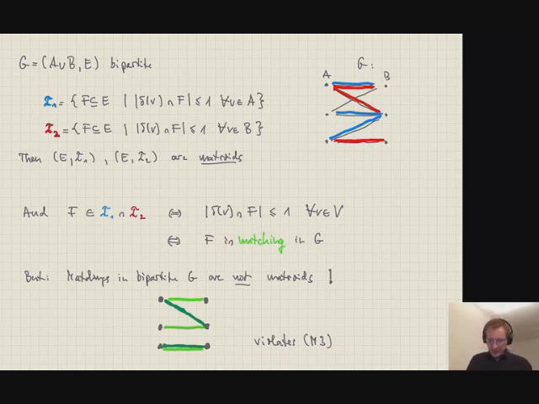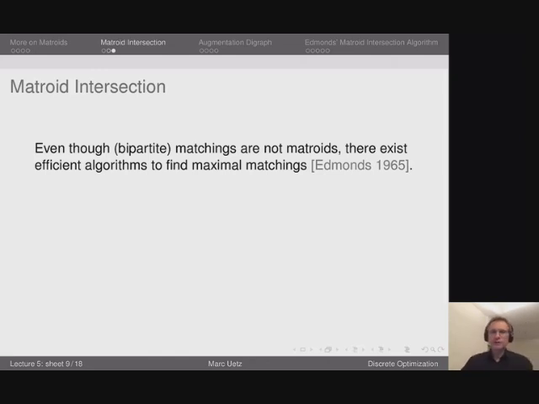But of course, that is not the end of the story, because we already know that we have efficient algorithms to compute matchings, not only in bipartite, but even in general graphs. So it's really not the case that the only combinatorial structure for which we have efficient algorithms would be matroids.